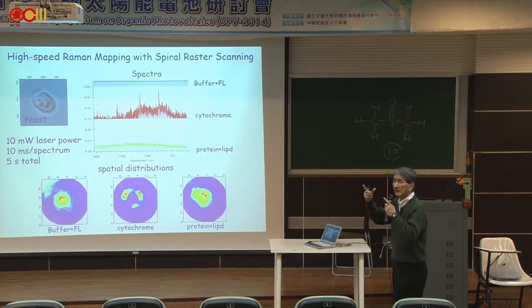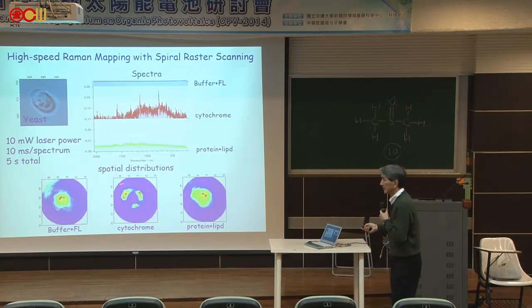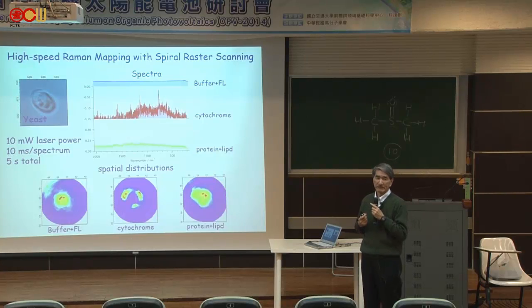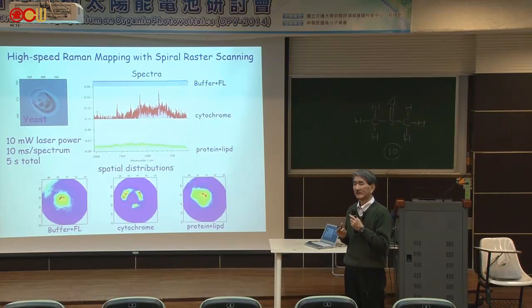So if you have the Raman spectrometer and a sample cell, you can make this kind of image in 5 seconds. It's a relatively short time. And we are now trying to shorten this measurement time. As I said, the commercially available system is not good. If you use just a commercial system, it will take maybe 10 minutes or something.